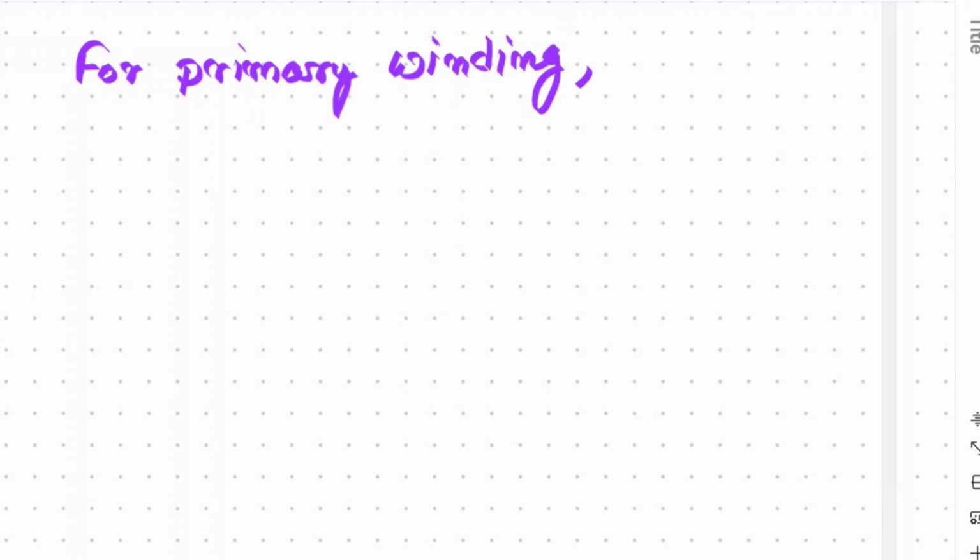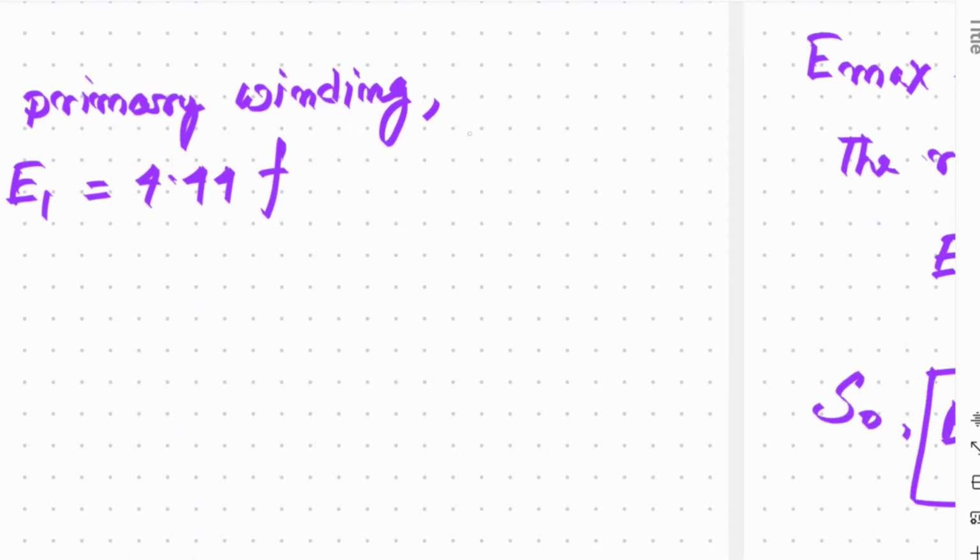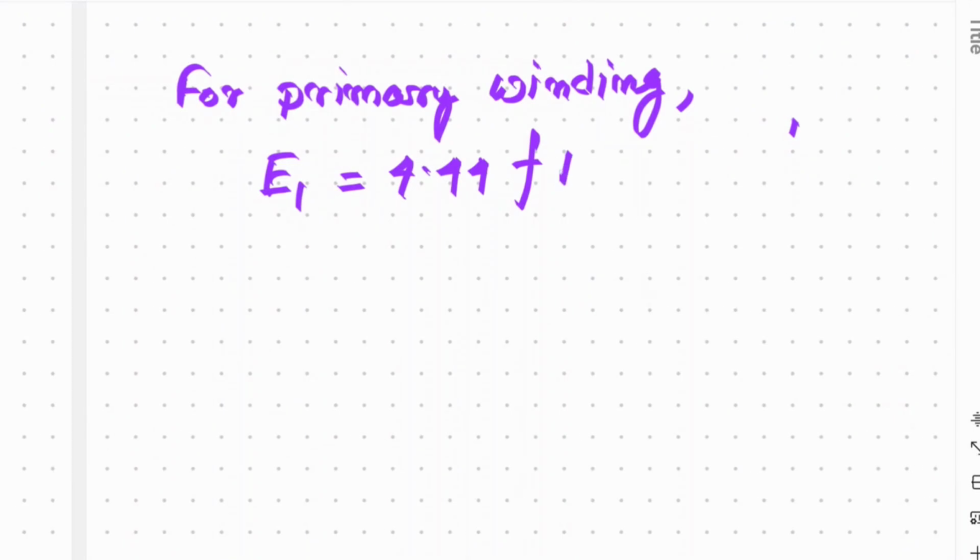Now for the primary winding, E1 is equal to 4.44 f N1 phi m.